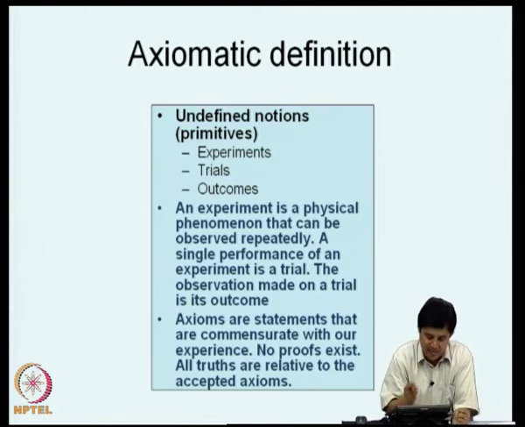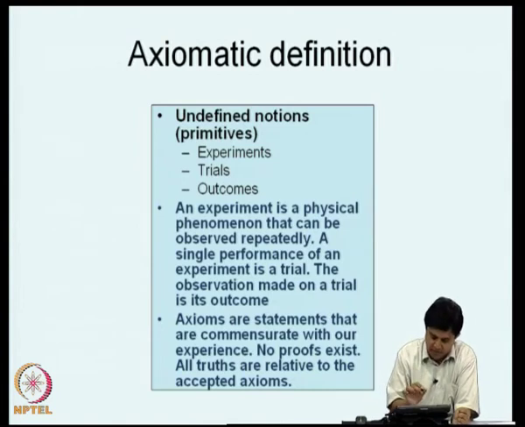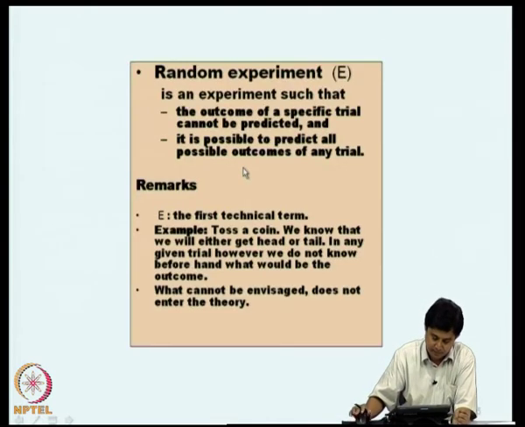These are valid as long as our physical experience is commensurate with these axioms. So, there are two things: one is what are axioms, and the other is what are these so-called primitive notions which we do not actually define systematically.